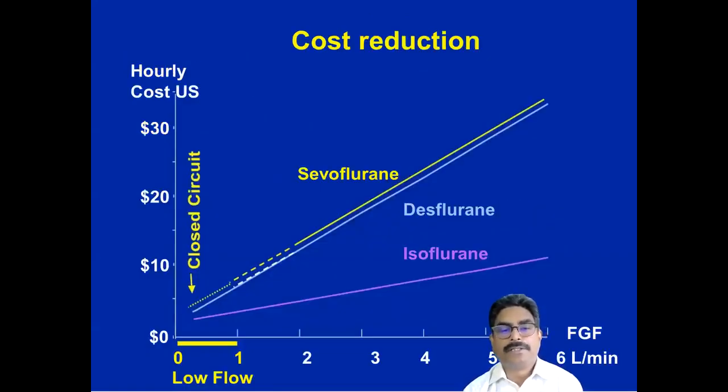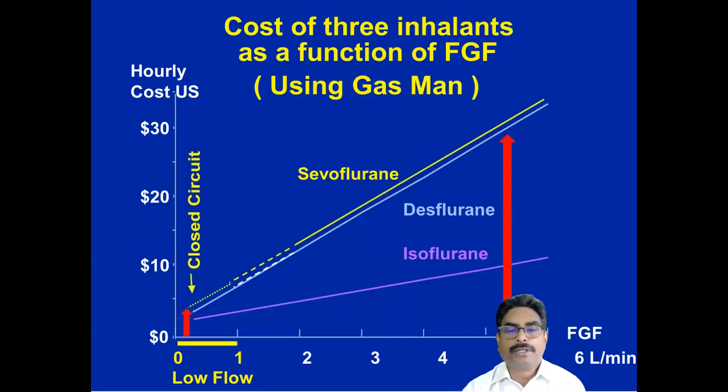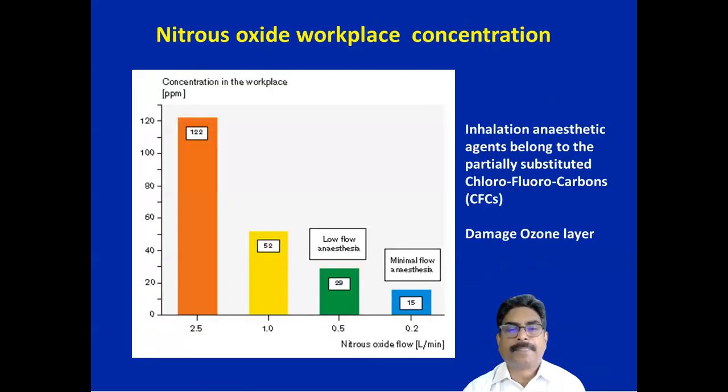So coming to the cost reduction, if the fresh gas flow is high, the cost of sevoflurane, desflurane and isoflurane is high. If the flow is low, you can reduce the cost. And coming to the theater, you can reduce the pollution of the theater atmosphere drastically to 15 ppm if you use a minimal flow anesthesia, from high flow anesthesia of 122 ppm.